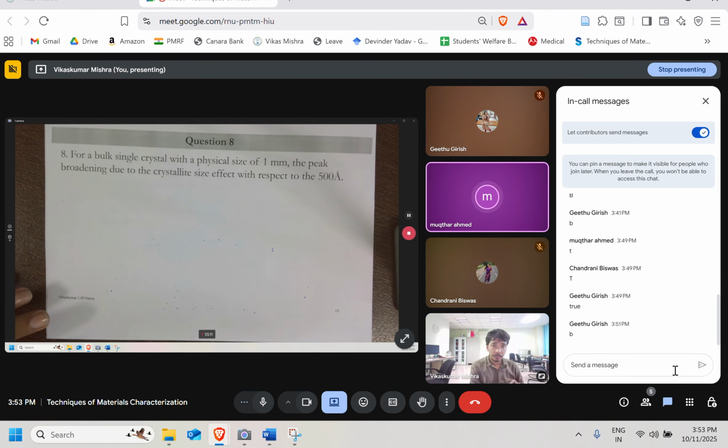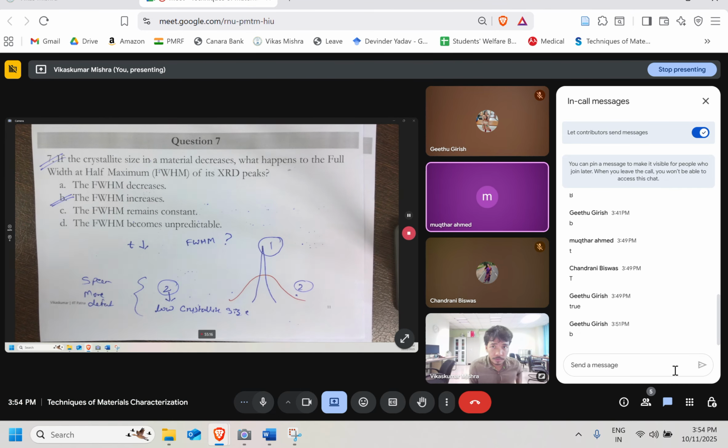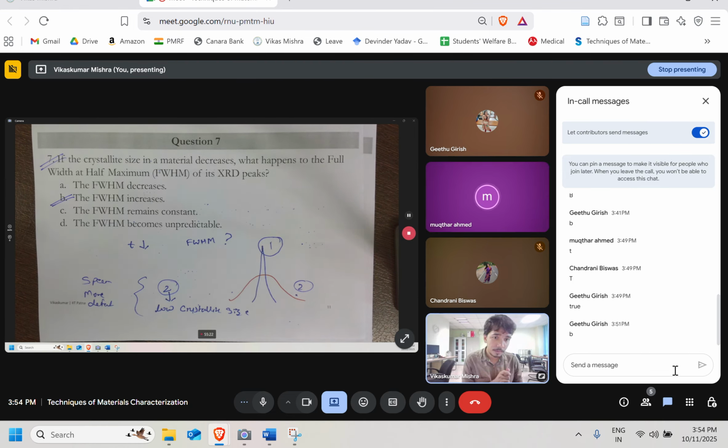Question number 8. One more doubt I have about question 7. If it is a very fine nanoparticle, that means it will look like a broadening, right? If we keep decreasing the size of the particle, the crystallite size is decreasing, since each particle is a crystal, so it will go more hump type.